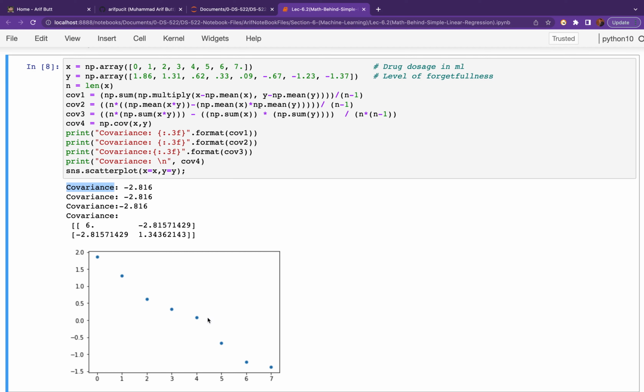Once again, remember this magnitude, that is 2.8, has no significance. It just tells us the direction of relationship, either being positive or negative, between the two variables plotted on the horizontal and the vertical axis.